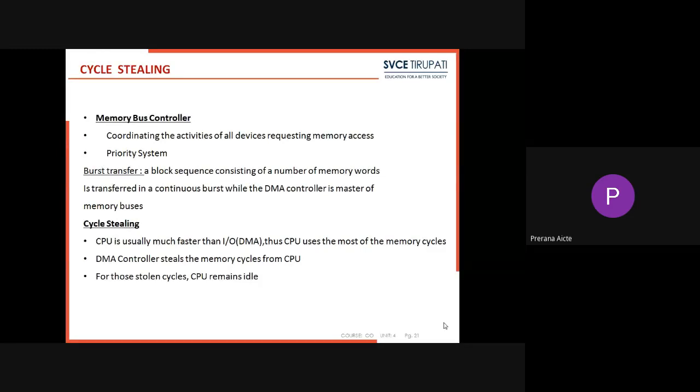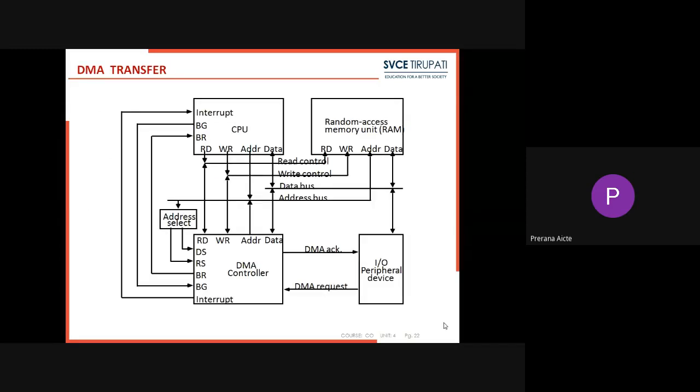The CPU is much faster than the IO. The processor uses most of the memory cycles. The DMA controller steals the memory cycles from the processor. So this is DMA transfer.